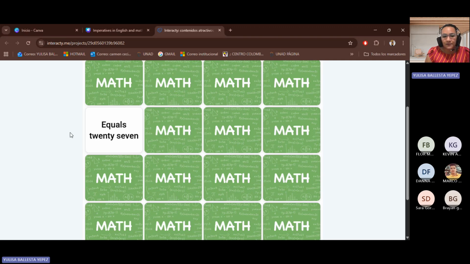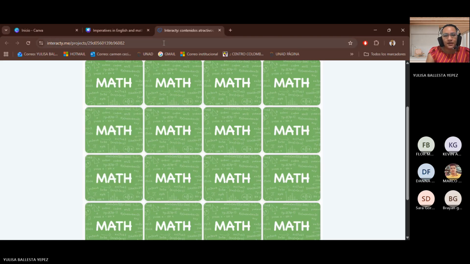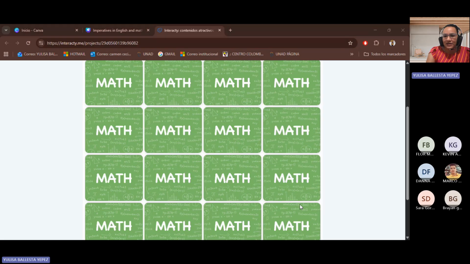Y ustedes van a buscar la multiplicación o la suma o la división y unirlas, ¿sí? I'm going to send you the link to the chat and you can practice. You can make subtractions, divisions in English. This is a different way to do it, and you practice both subjects in math. I'm going to give you also 10 minutes because it's a little longer, and go ahead.